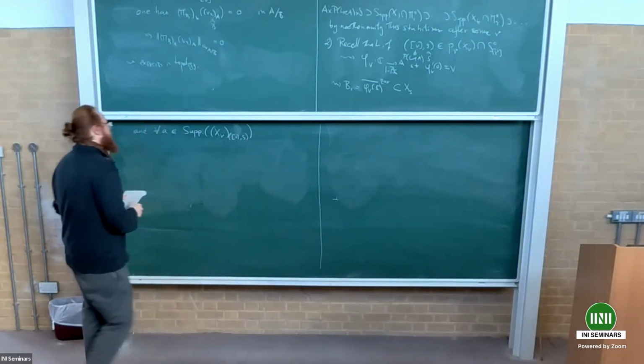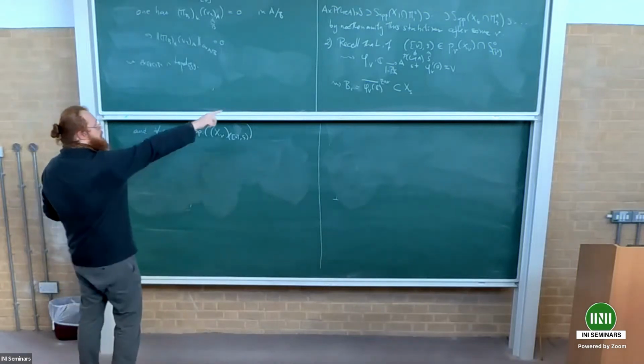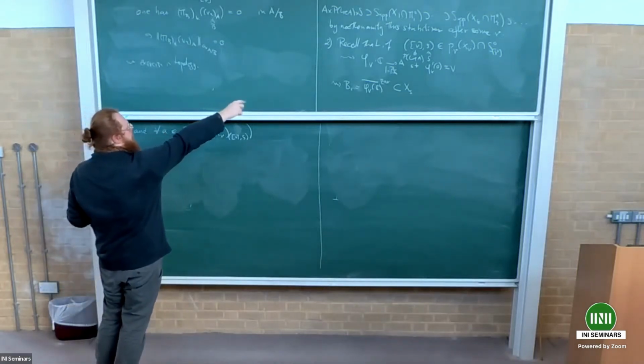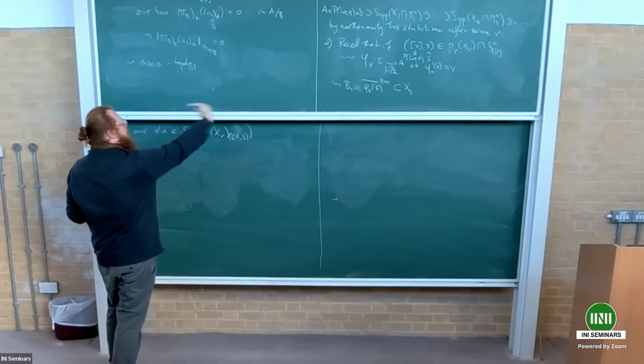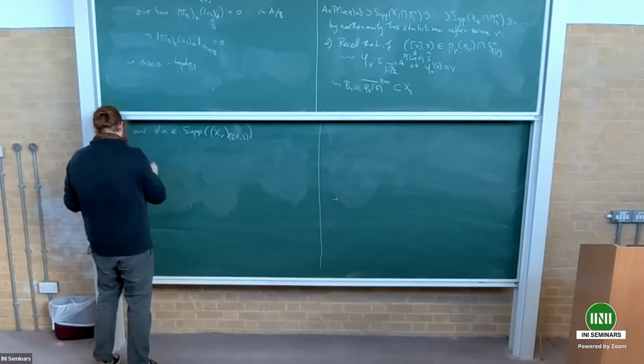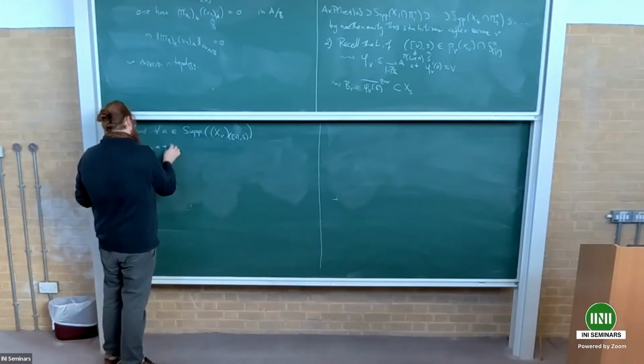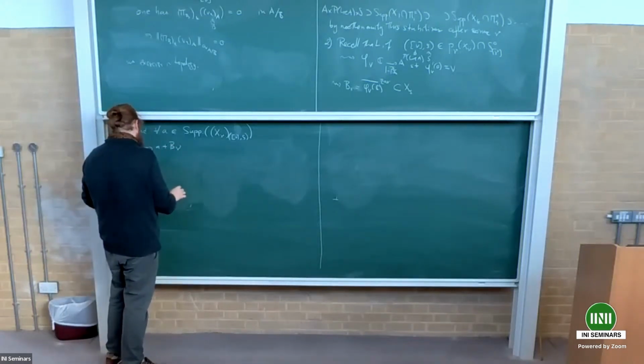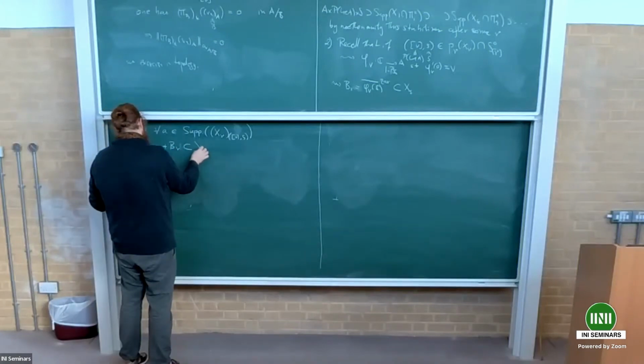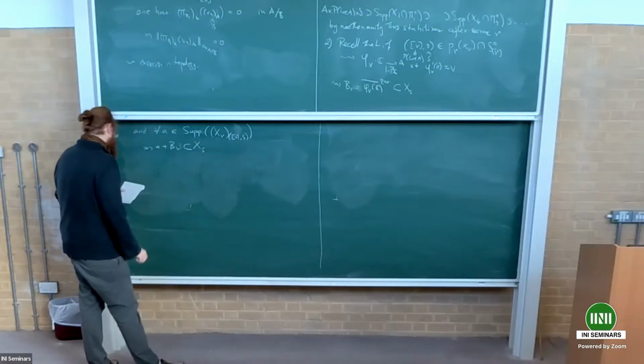Okay, so for any point above this point in the fiber, you will also get that A plus B nu will actually be included also in X nu S by the same argument.